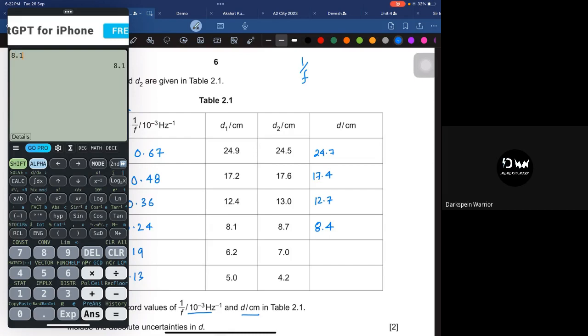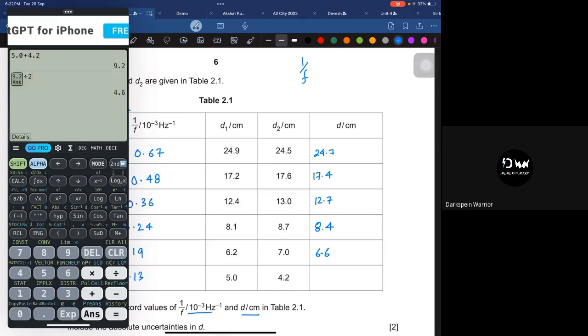Yes, 8.4. And the middle value of this is going to be, I think, 6.7? Oh, my bad. My math is so bad. 6.6. And this is going to be 4.6 as well, probably.